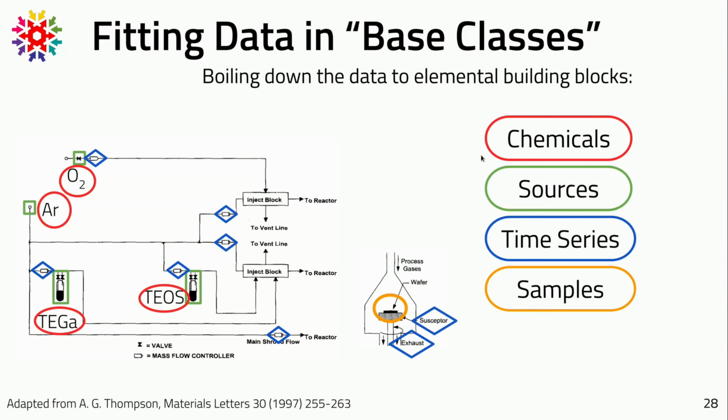So you see here that we generate some classes that are trying to cast each source of information. For example, we have chemicals that are used to describe the precursors, or we have sources. In this case, these are bubblers. There can be many kinds of sources. Or we also use classes to describe the final sample that has been produced.